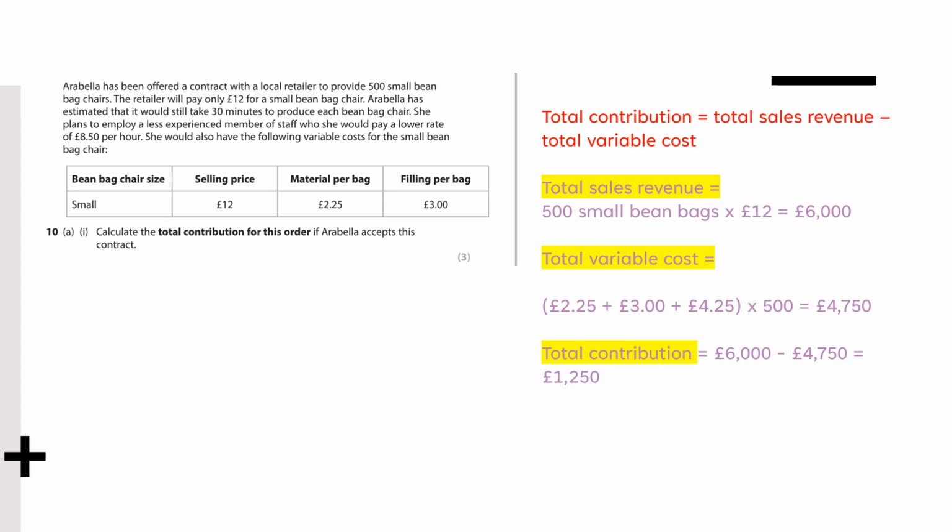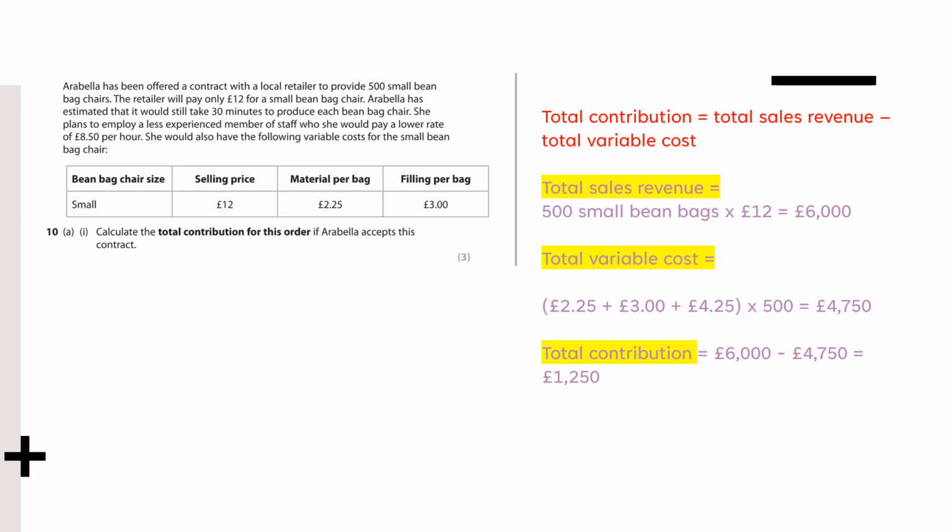Now she plans to employ a less experienced member of staff who she would pay a lower rate of £8.50 per hour. She would also have the following variable cost for the small beanbag chair. So the selling price would be £12, the material per bag would be £2.25, and the filling per bag would be £3. Now we need to calculate the total contribution for this order if Arabella accepts this contract. And this question is 3 marks.